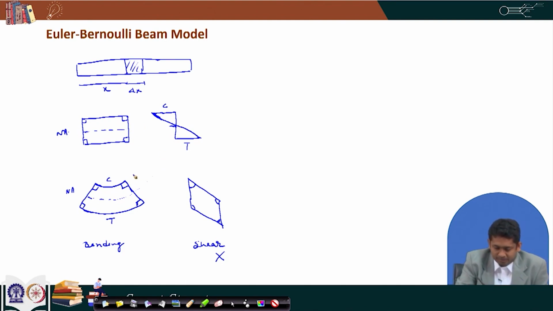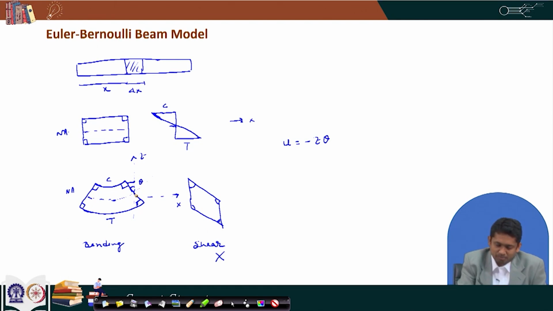So, if I call this the x axis, so my x is here, and then from this if I measure z upward, then at any z the displacement along x, if I denote this as u, is u equal to minus z into theta, where this is my theta.